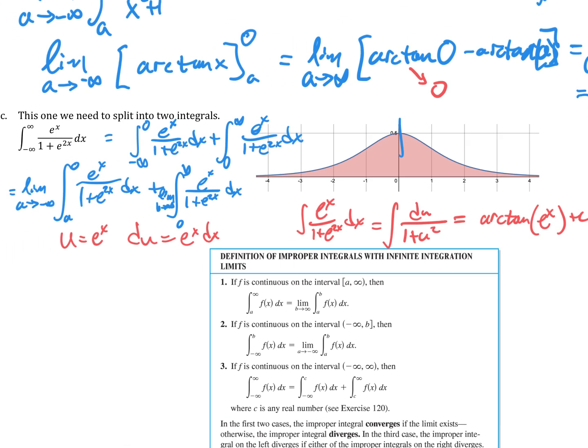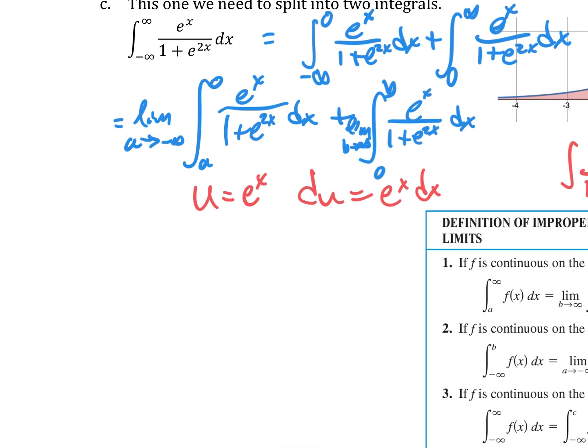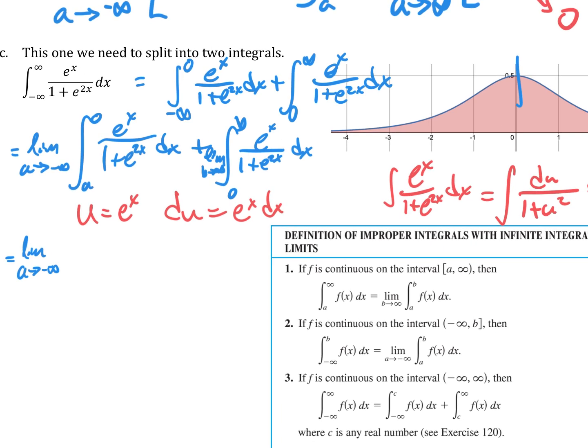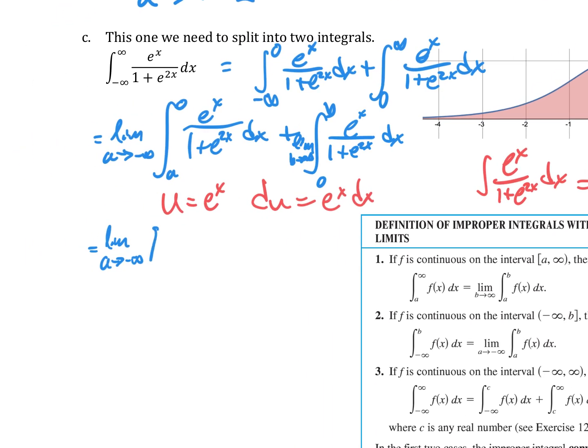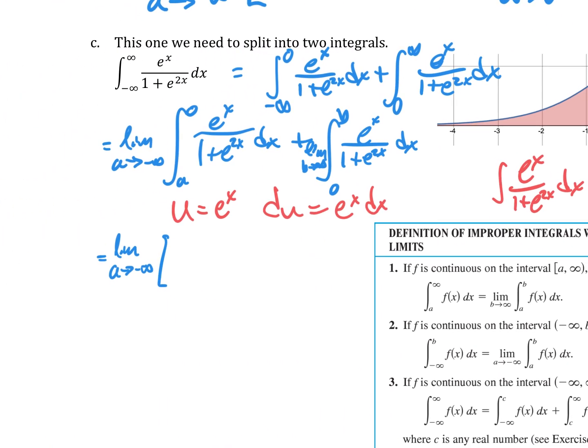All right, so there we have it. We found that integral, so let's use that right here. So we have the limit as a goes to negative infinity, and we just found the antiderivative there. The antiderivative is arctan e to the x.